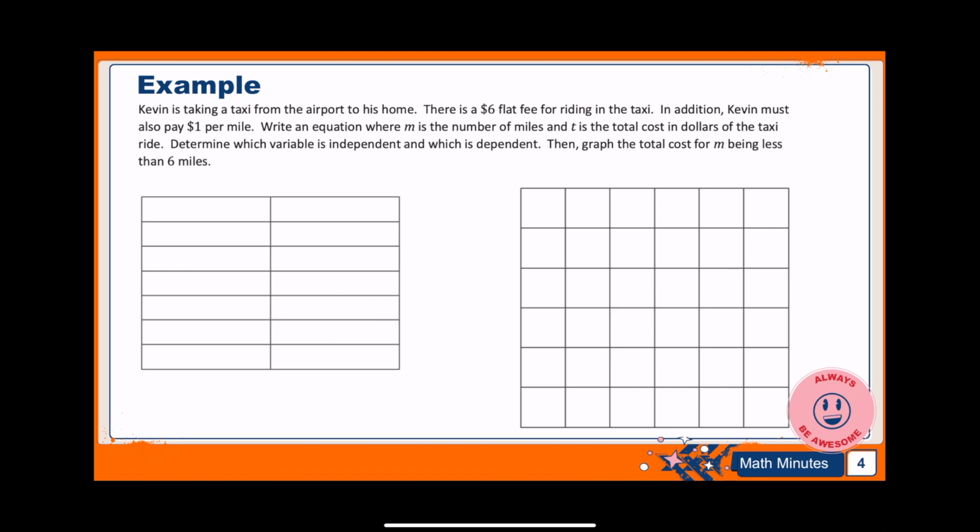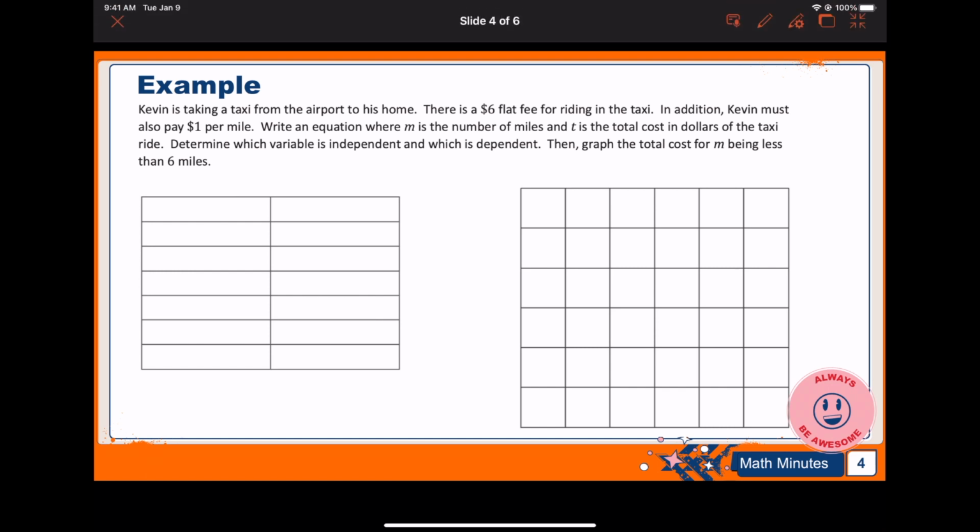Okay, so there's a lot of different stuff going on here, right? When we look at a word problem like this, one of the most important things when we start is to break down the information that we have. So we know there's a $6 flat fee. That means he's paying $6 no matter what to get picked up by the taxi. In addition, he's got to pay $1 per mile.